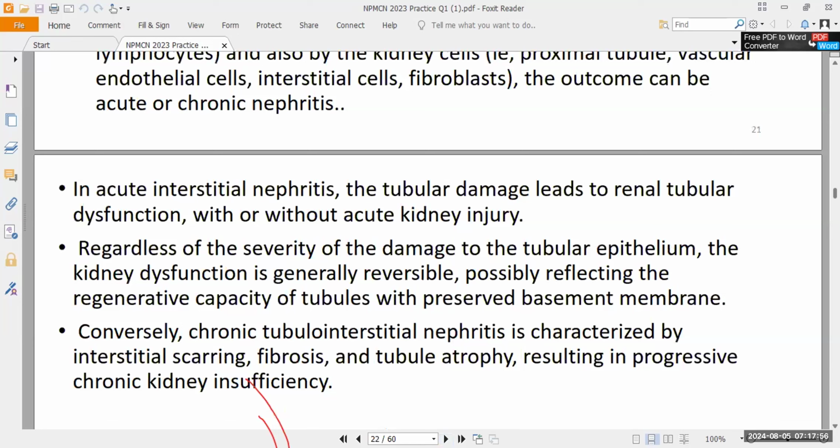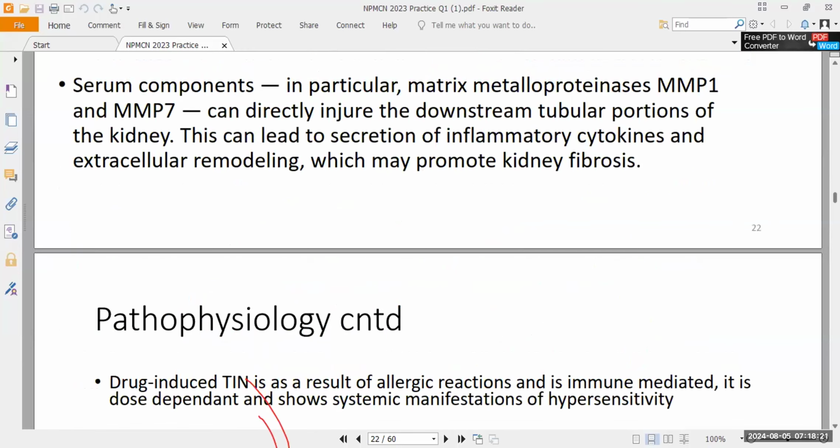In acute tubulointerstitial nephritis, tubular damage leads to renal tubular dysfunction. Regardless of the severity of the damage, kidney dysfunction is usually reversible in the acute form. Chronic tubulointerstitial nephritis is characterized by interstitial scarring, fibrosis, and tubular atrophy, resulting in progressive CKD.